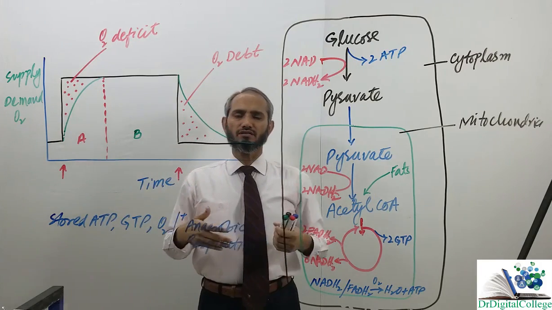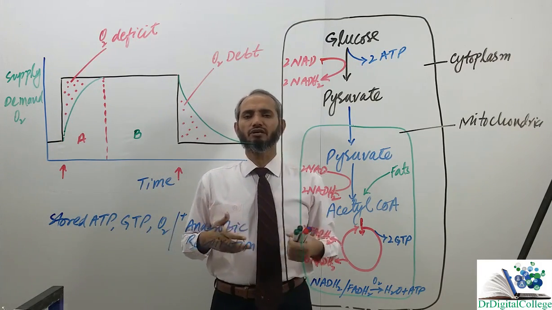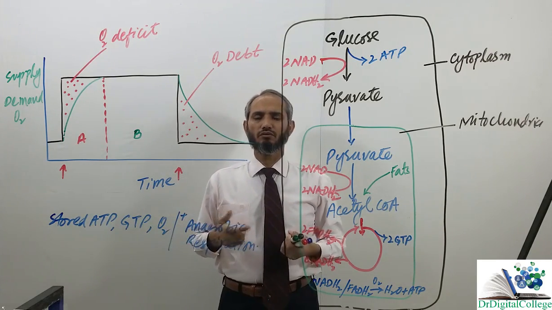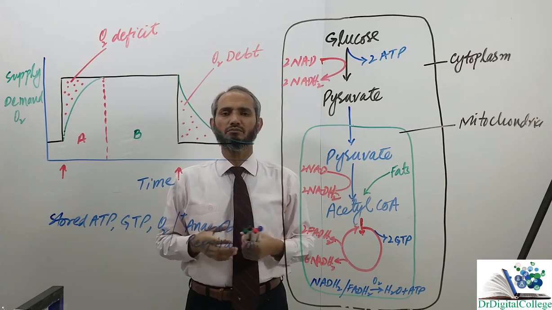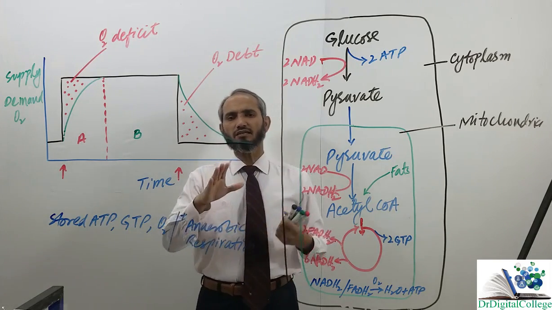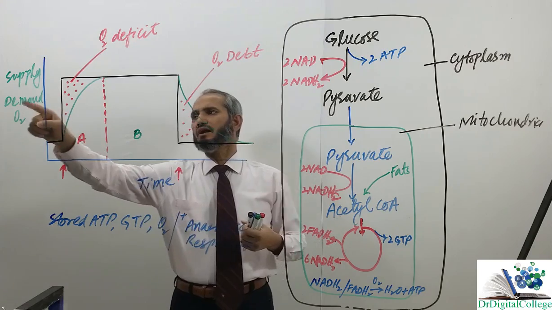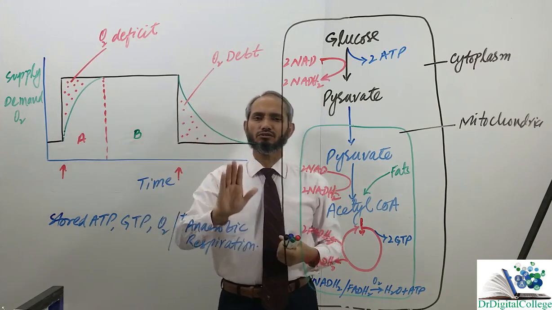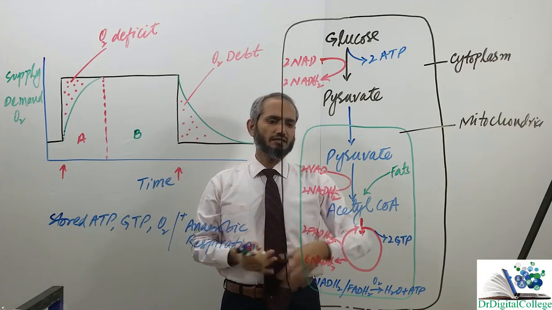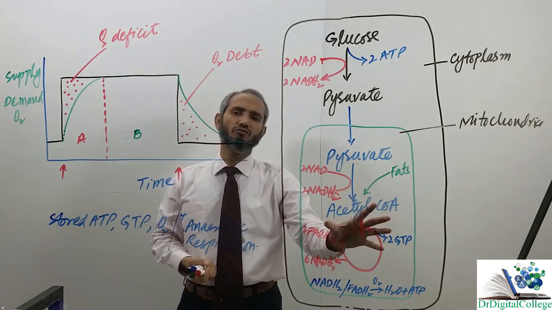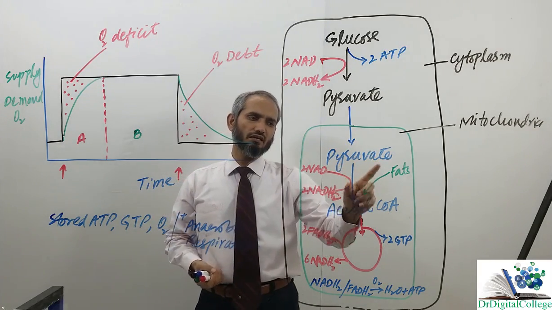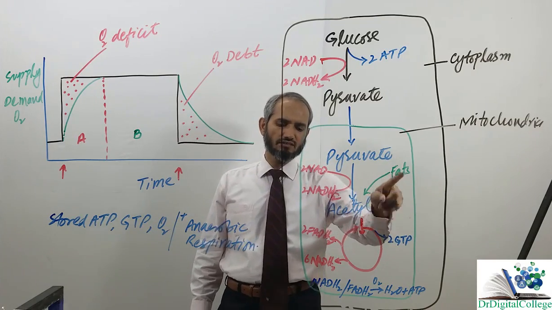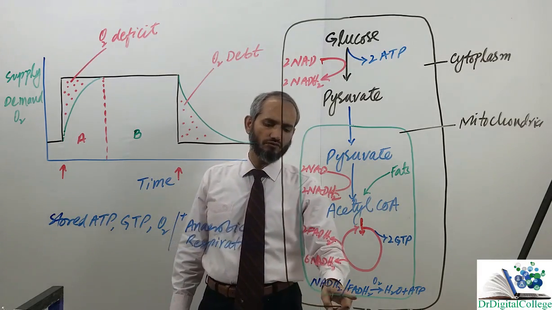If we are doing heavy exercise like weightlifting or some competition in swimming or fast running in 100 meter, 200 meter sprint, until and unless we are doing stress exercise, demand and supply of oxygen will not be equal, and the body will remain under oxygen deficiency stress, and this part of respiration will not be done. So we can say there will not be the oxidation of the fats and the oxidation of NADH2, FADH2.